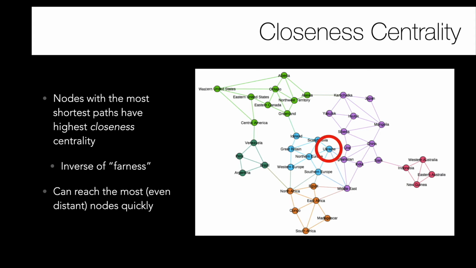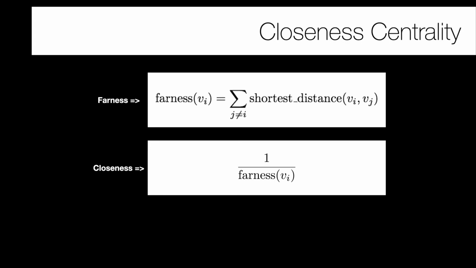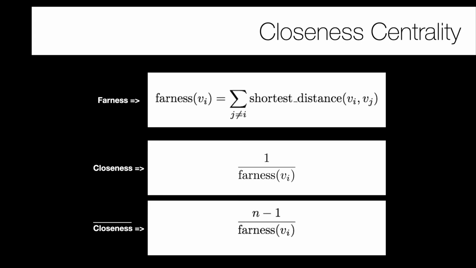Again, in this risk board, Ukraine has a very high closeness centrality. We define this by talking about farness. For all other nodes besides a particular node in the graph, what's the shortest path between our current node, or target node, and that node? We sum that up, and then we just invert that to get closeness. Then we can multiply by n minus 1.